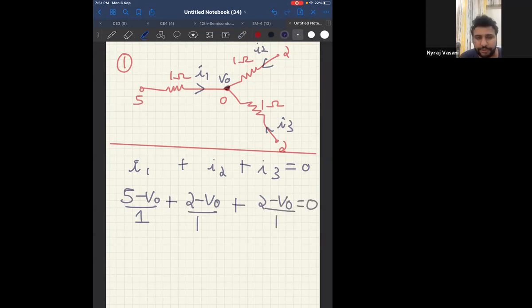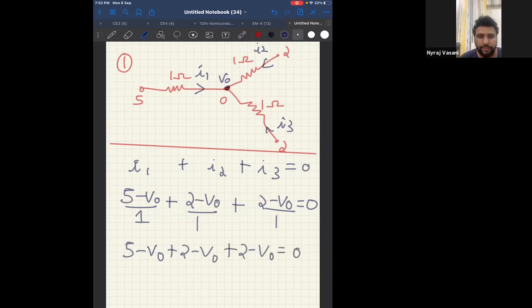Just check whether I have substituted R1, V1, V2, V3 properly. This is V1, this is V2, this is V3. R1, R2, R3 all are 1. Now in this case, I will get 5 minus V0 plus 2 minus V0 plus 2 minus V0 equal to 0.